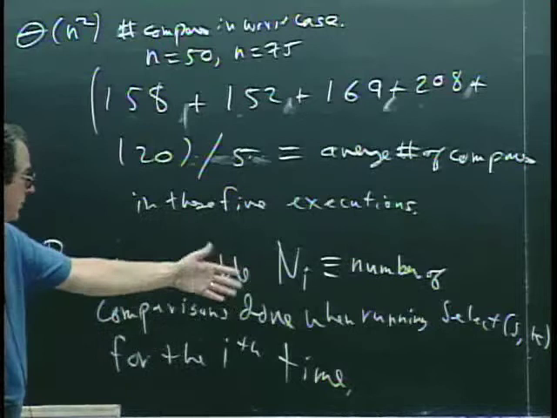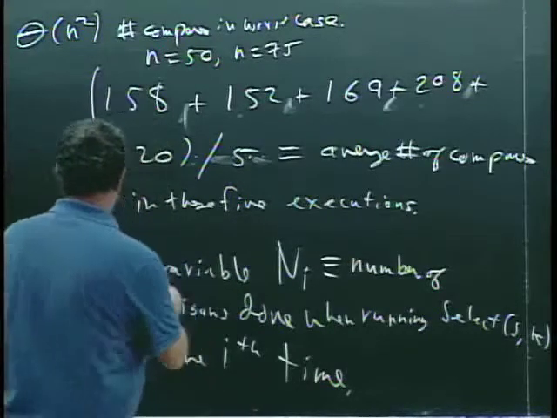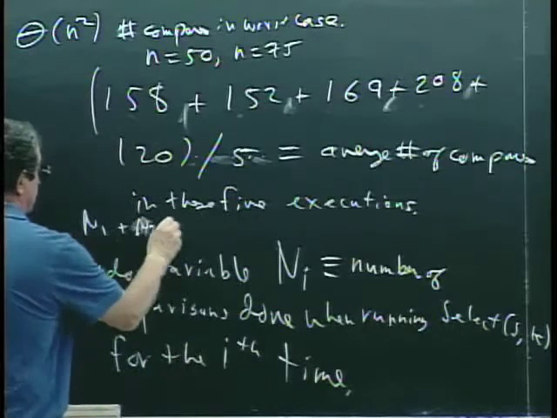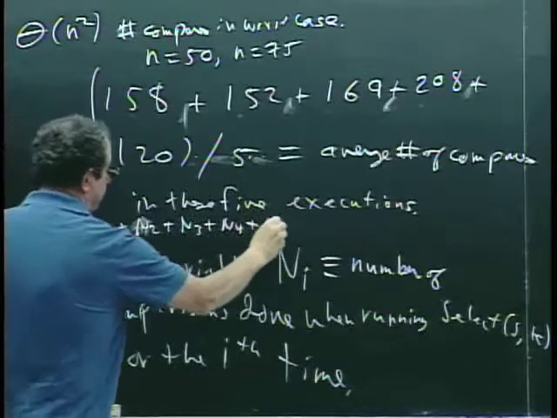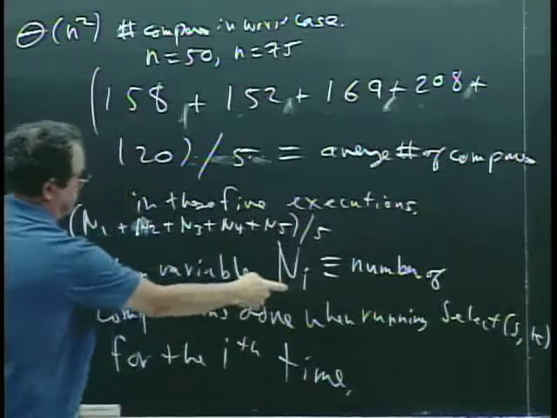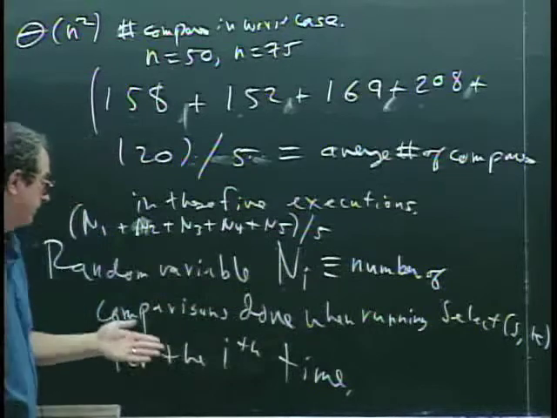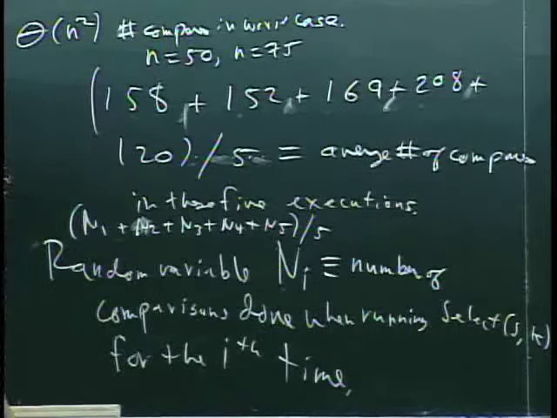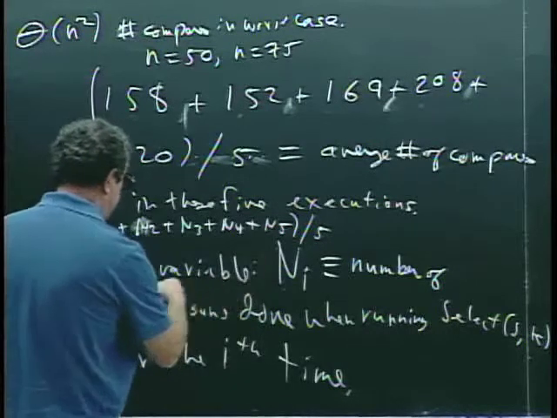With this terminology, what we were talking about here was just n1 plus n2 plus n3 plus n4 plus n5, and then divided by 5. All I did was introduce some notation. Ni is the number of comparisons done the ith time that I run the experiment. But I have this other phrase here, random variable.